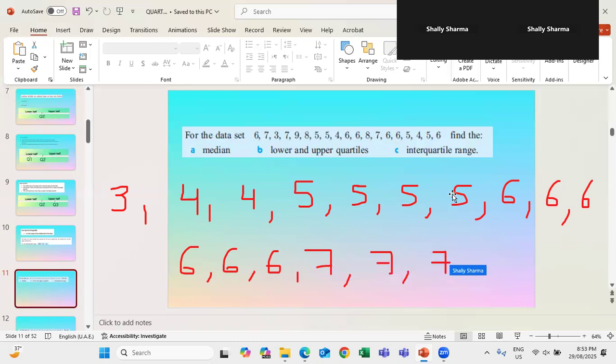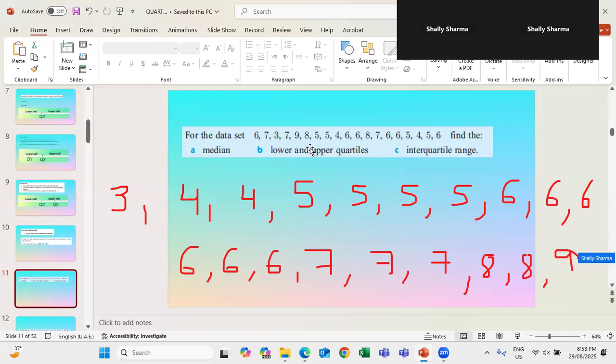Okay, so we have this data. Now let me count all these values. Oh, there is 8 also. 8, 1, 2. So there are 2 8s. And then there are 9s, and I can see only 1 9.